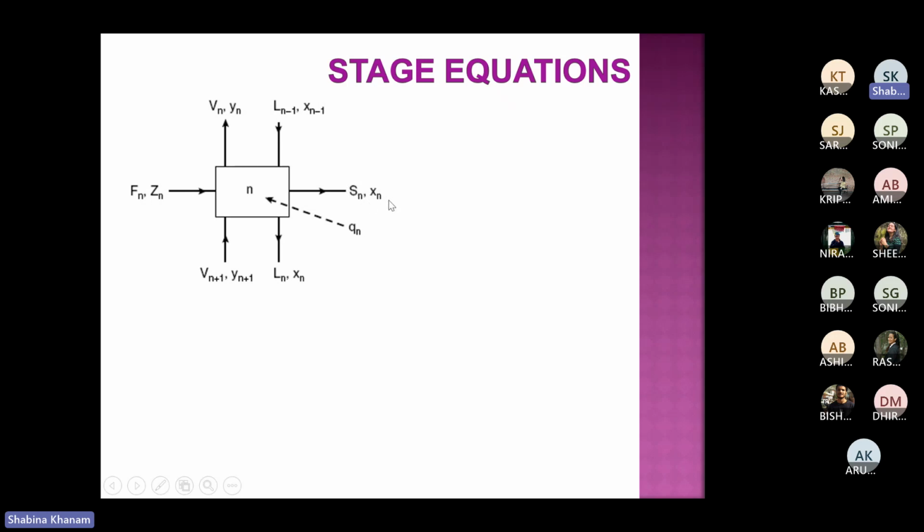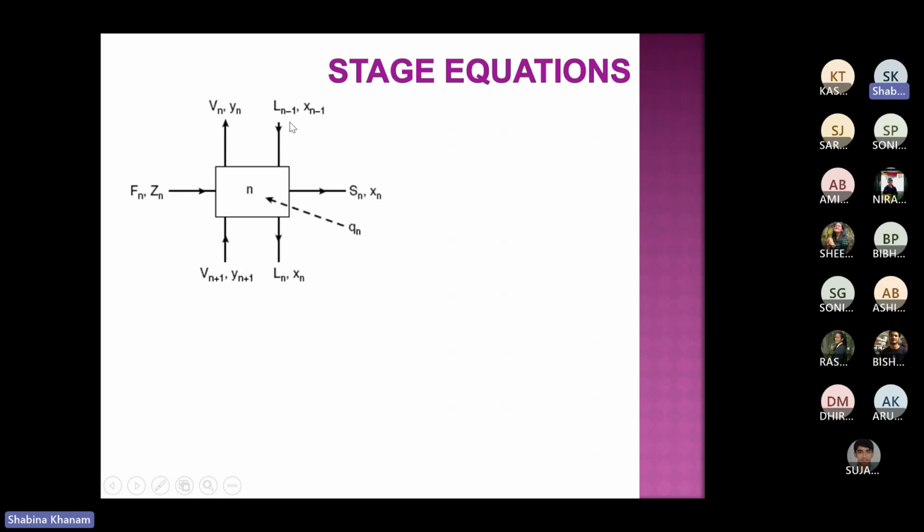Sn is the exit stream, a product you are taking from there at xn fraction. Here I'm having Vn plus 1 at Yn plus 1, and Vn at Yn, that is vapor entering from the bottom tray and vapor exiting from the present tray.